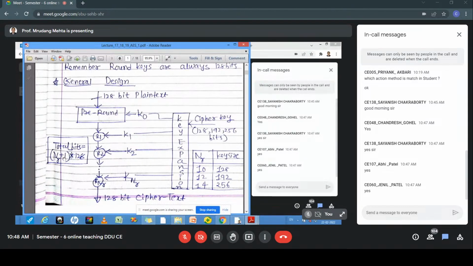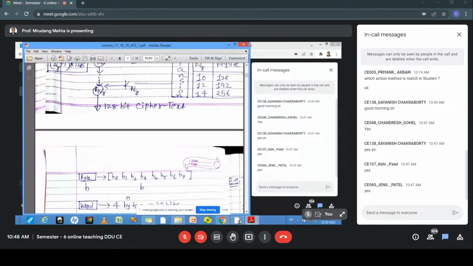So (NR plus 1) into 128 total bits are used to encrypt. So you can see in this block, key expansion, cipher key 128, 192, 256 bits, and that gives you 128 bit round keys, and then you have ciphertext.